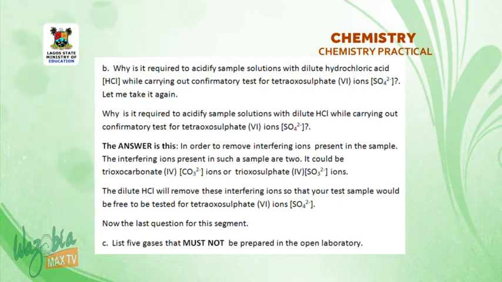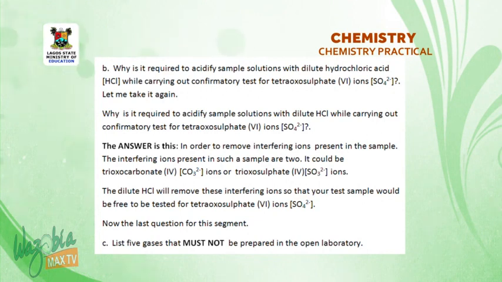The answer is this. In order to remove interfering ions present in the sample. The interfering ions present in such a sample are 2. It could be trioxocarbonate 4 ions or trioxosulfate 4 ions. The dilute HCl will remove these interfering ions so that your test sample will be free to be tested for tetraoxosulfate 6 ions.